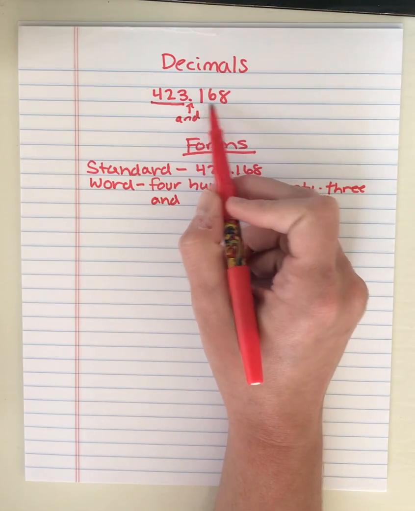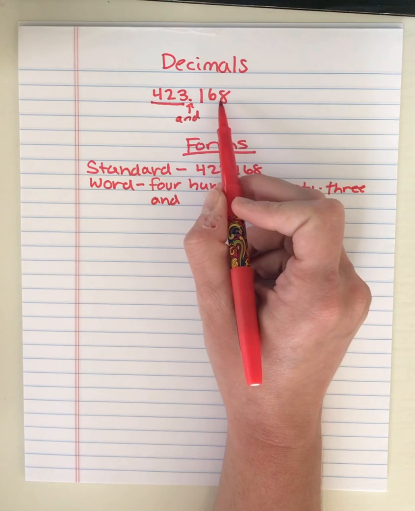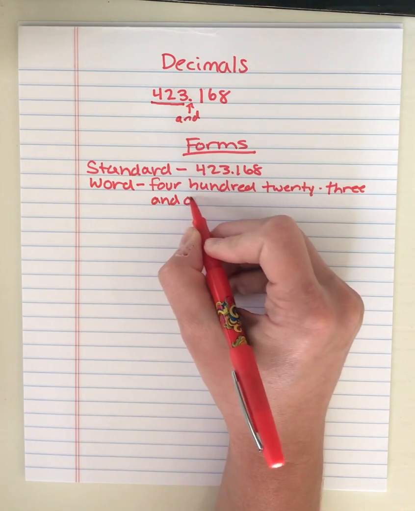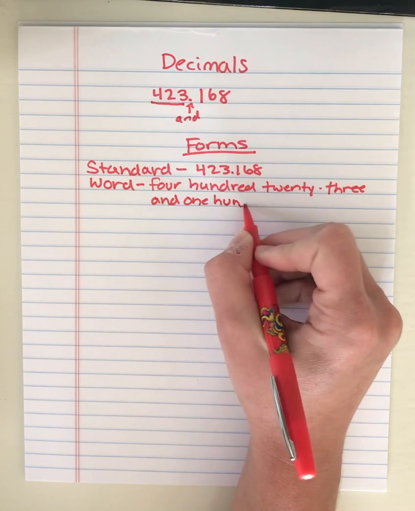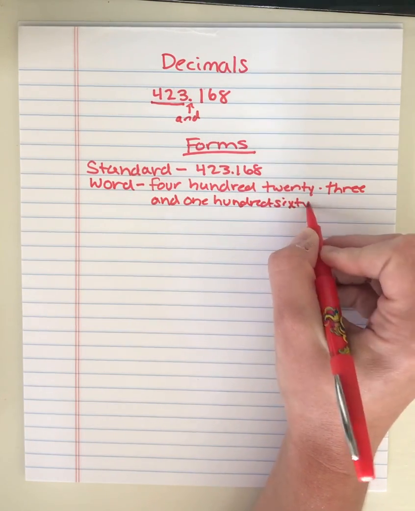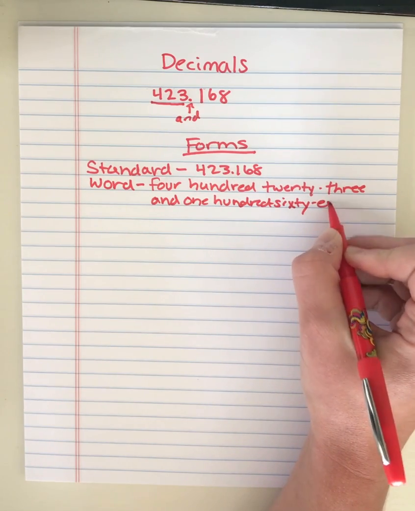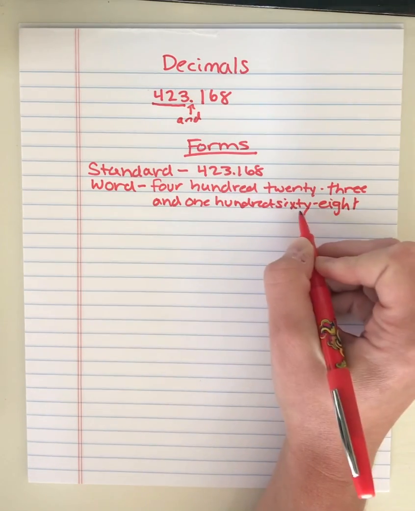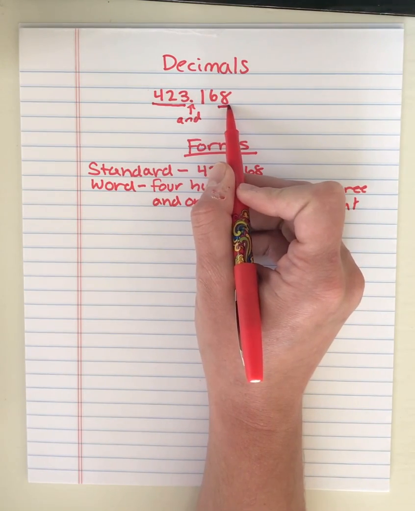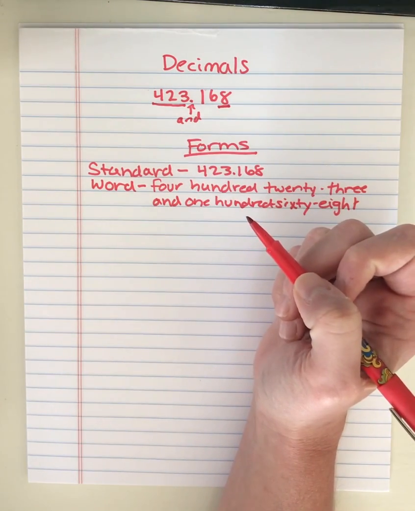Then for our decimal values, we read this number just like we would, 168. Then we finally write whatever the last number's place value is.